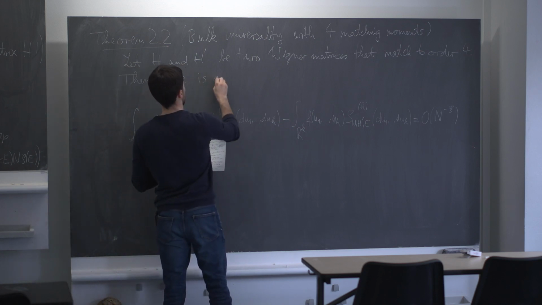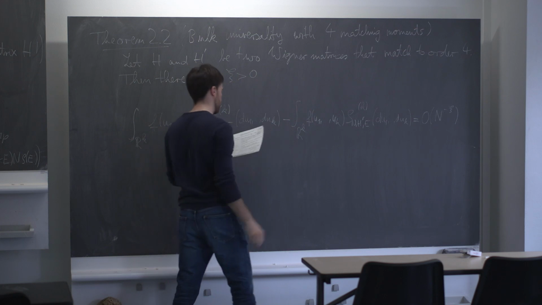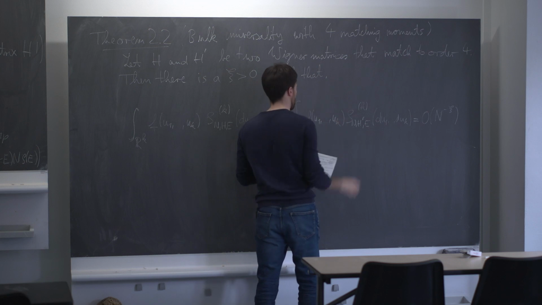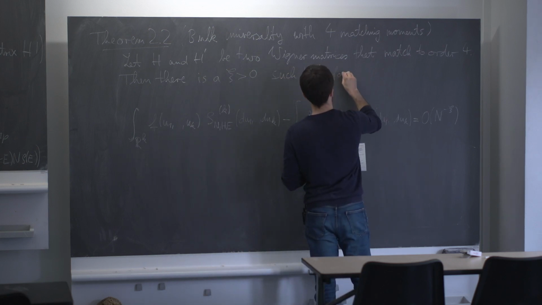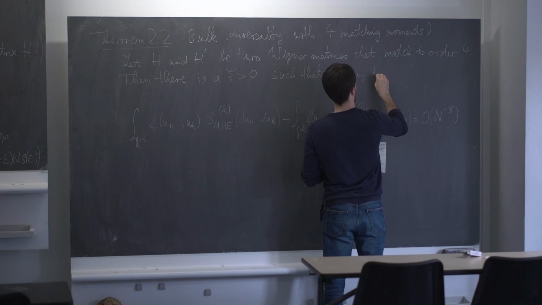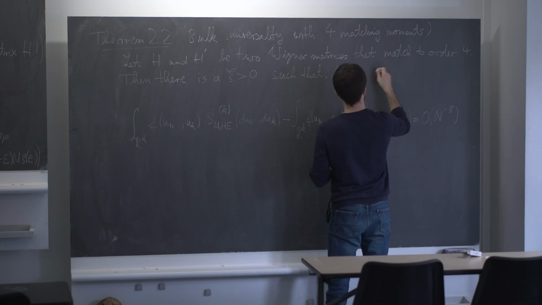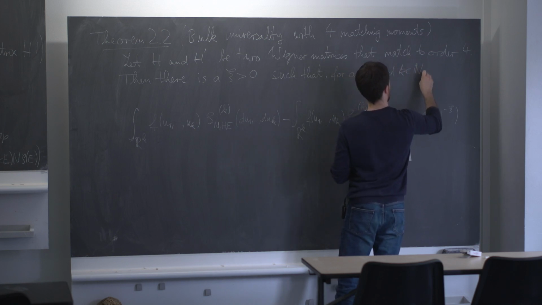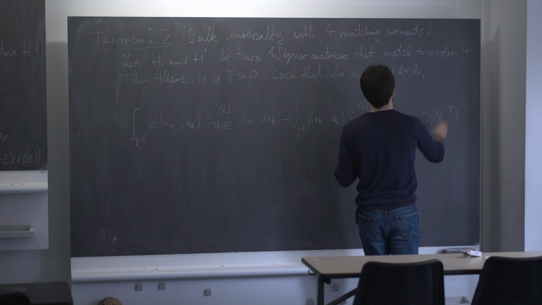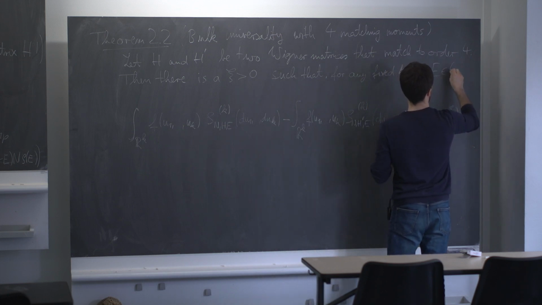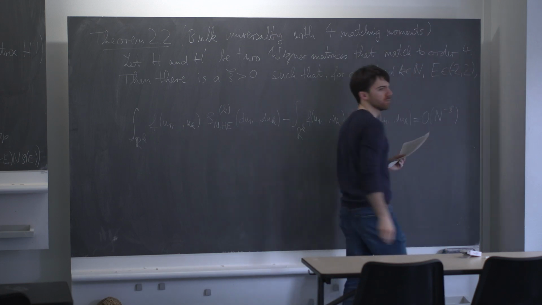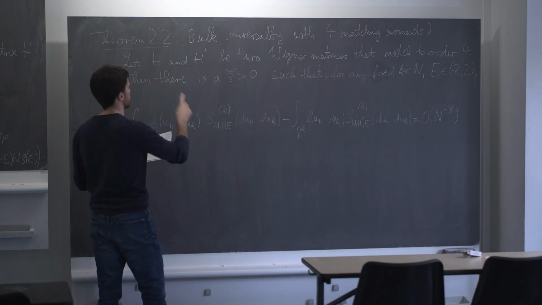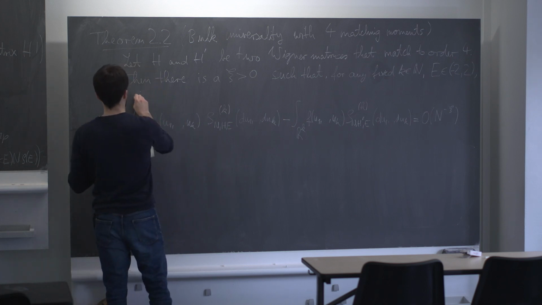Then there is a xi bigger than 0 such that whenever I fix a k, for any fixed k in N, I fix an energy E in (-2, 2). So that's the bulk, so that's why it's called bulk universality.